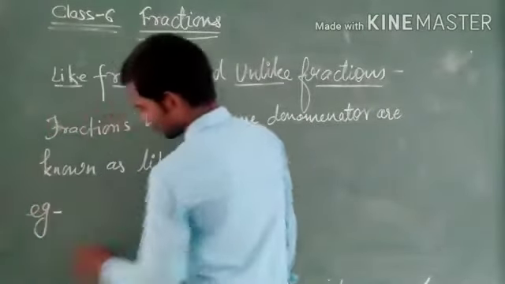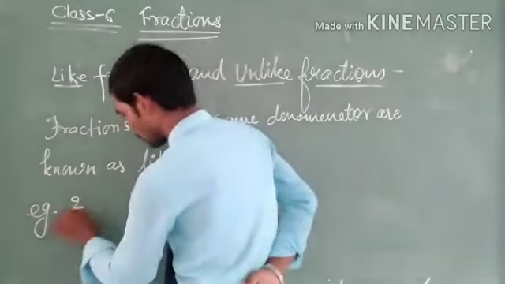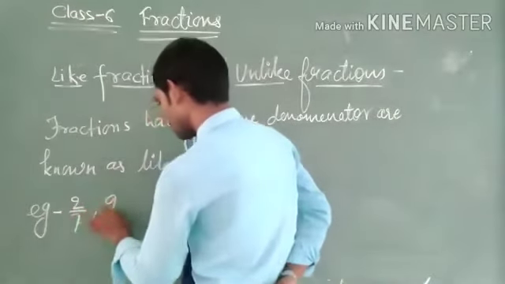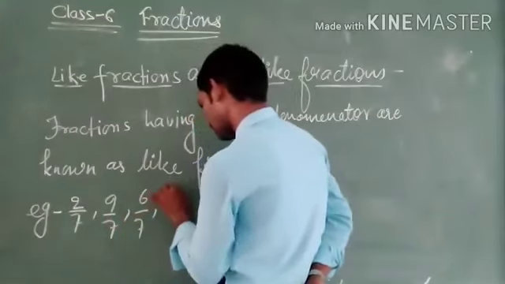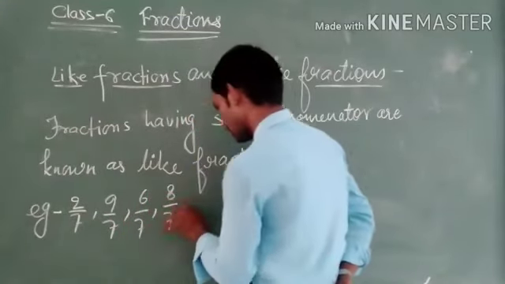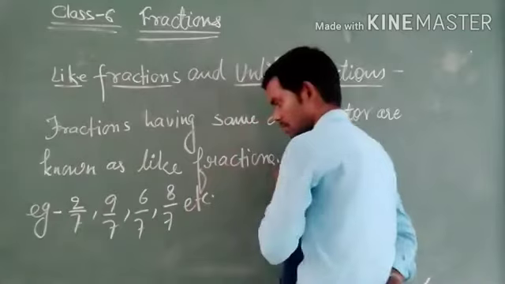Example: 2 upon 7, 9 upon 7, 6 upon 7, 8 upon 7, etc.